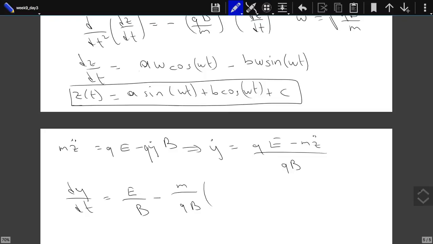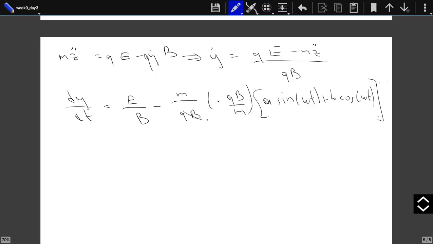So z double dot is just, let me write it explicitly, minus omega squared times a sine omega t plus b cosine omega t plus c. No, there's no c, so these cancel.